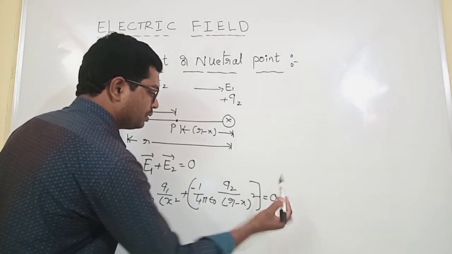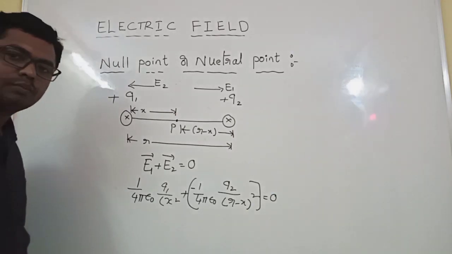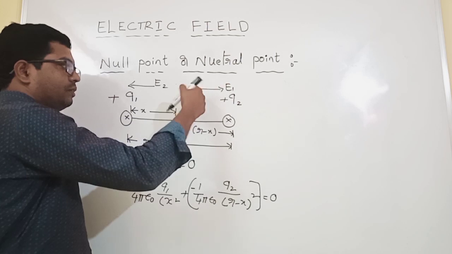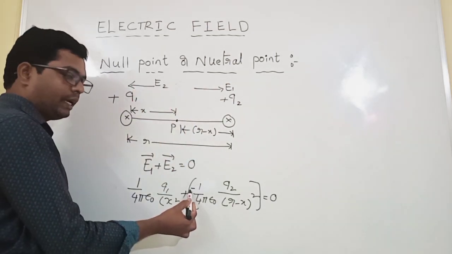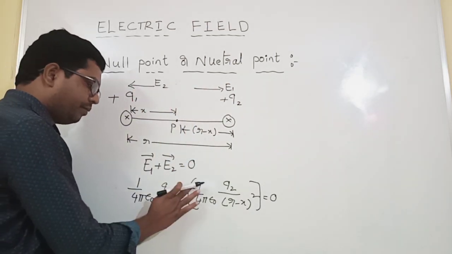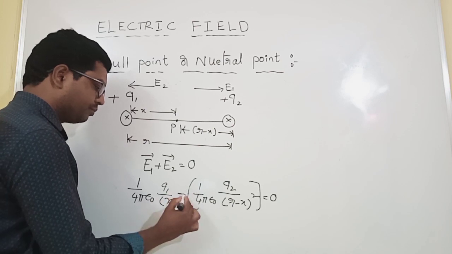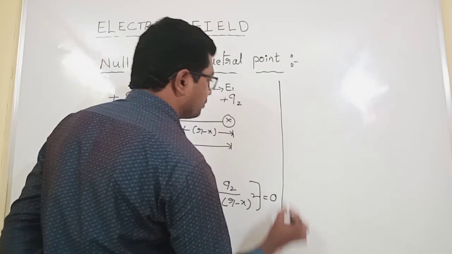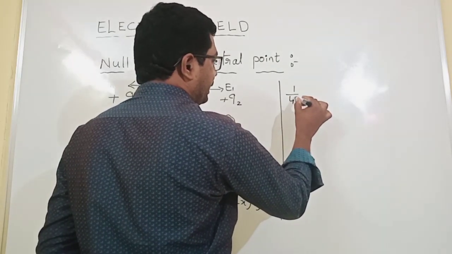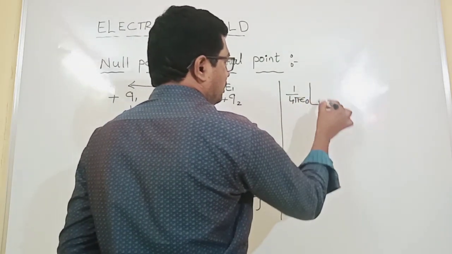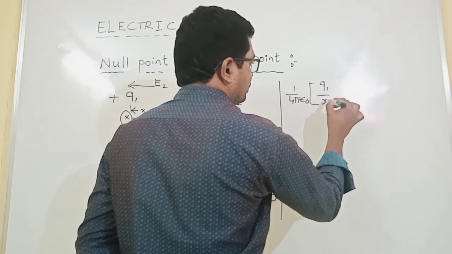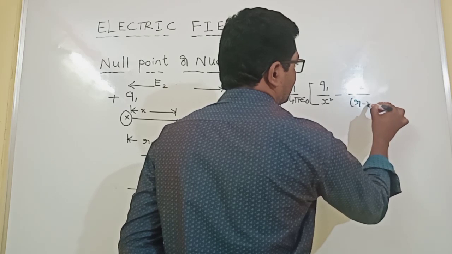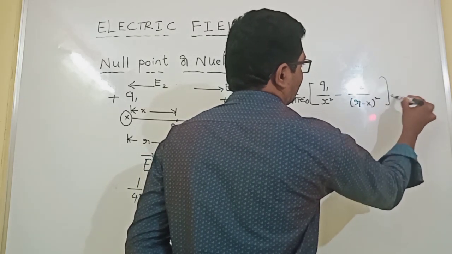Total is equal to 0. Because one is acting along the positive x-axis and the other along the negative x-axis, the second is the negative of this. From these two, the common factor is 1 by 4 pi epsilon naught, giving Q1 divided by x square minus Q2 divided by r minus x whole square.